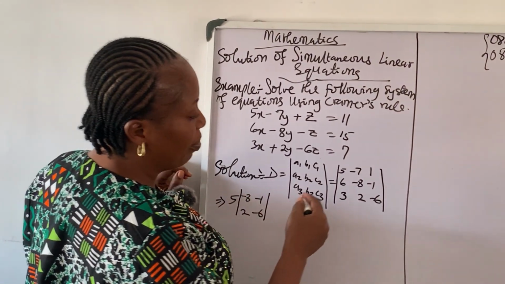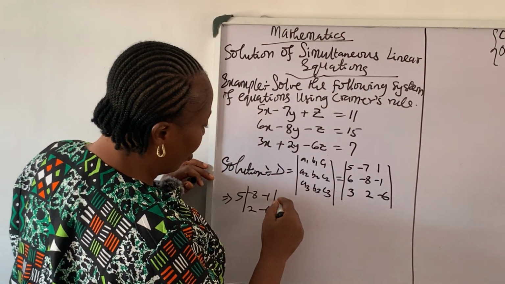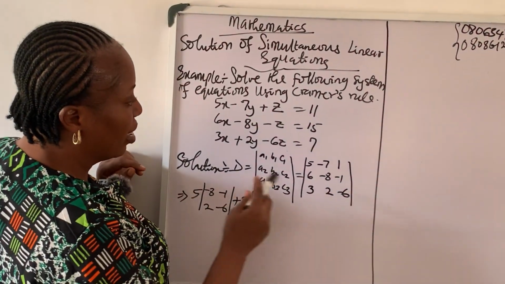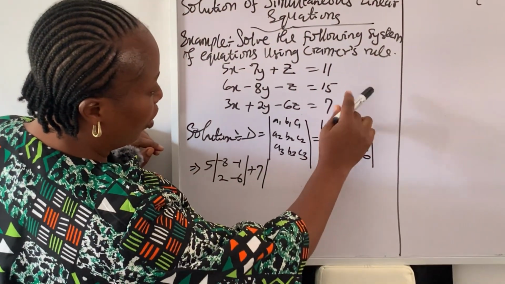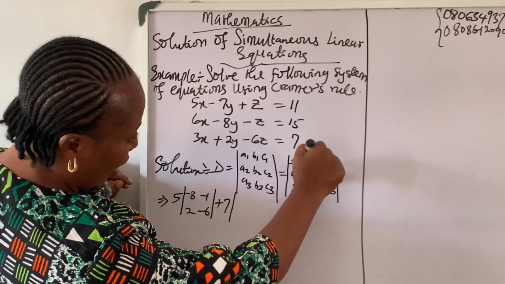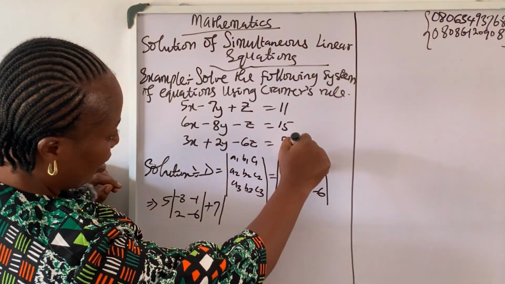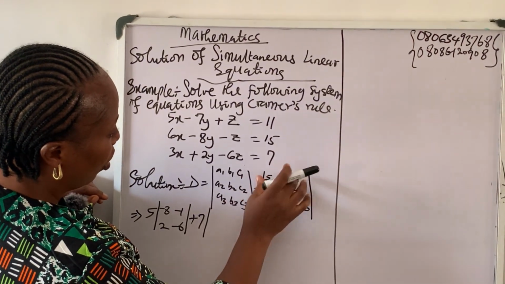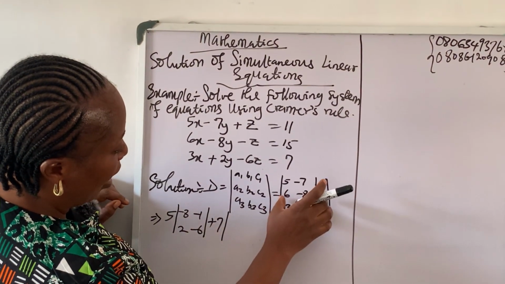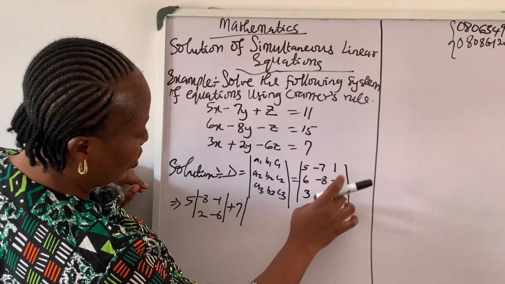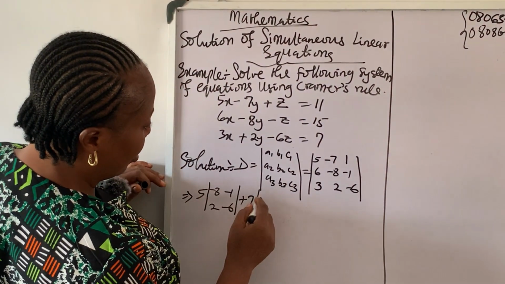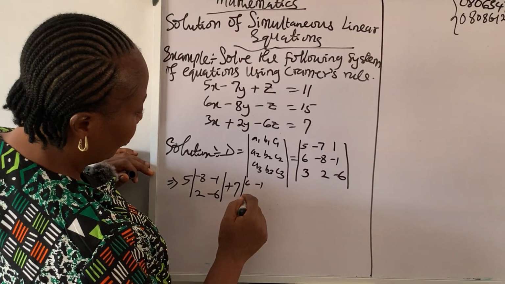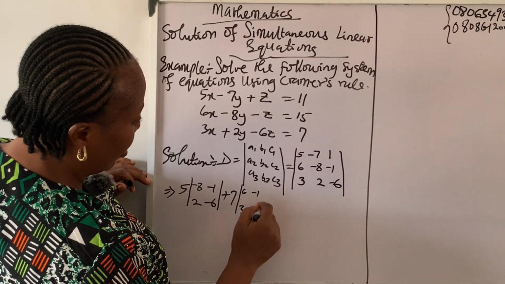So instead of writing -7, it will be +7. What are the entries for this? You don't touch anything on the same column with this 7, and you don't touch any entry on the same row. So we have 6, -1, 3, and -6.